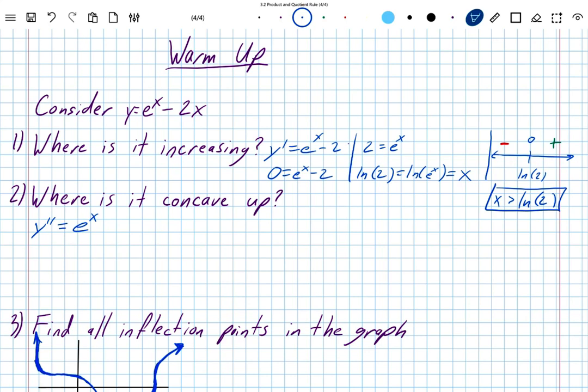Where is e to the x positive? Where is e to the x 0? The answer is e to the x is never 0, and it's always positive. Right? If you graph e to the x, it is always above the x-axis, which means that this is always greater than 0, and this is concave up everywhere. So it's always concave up.